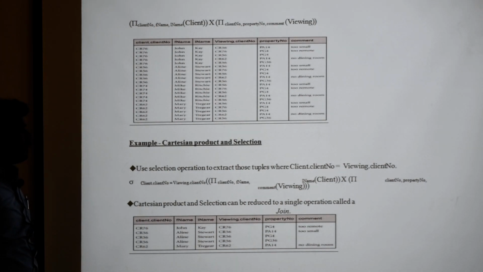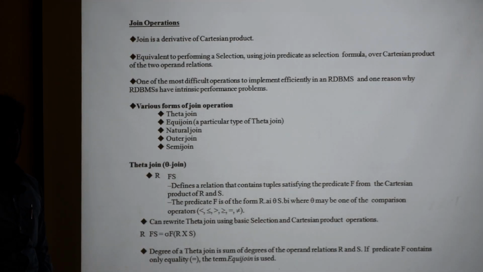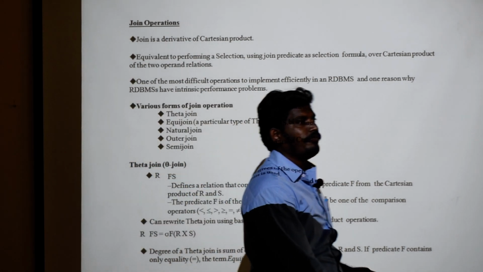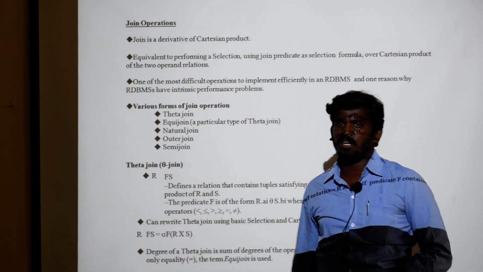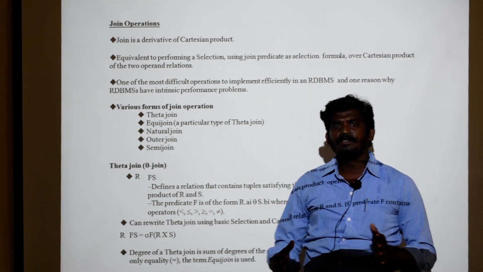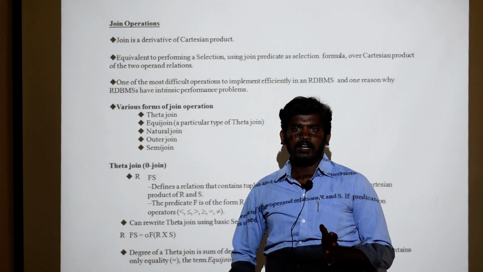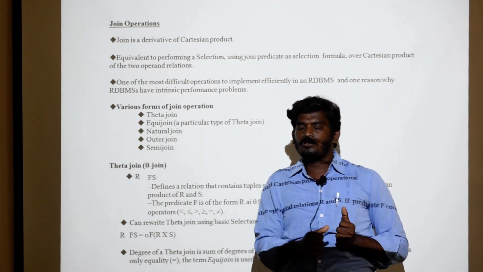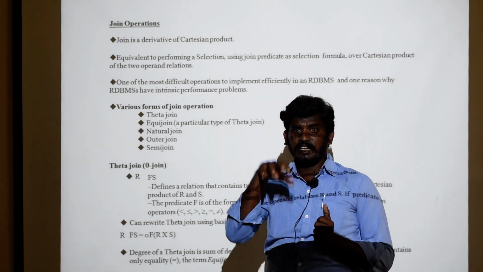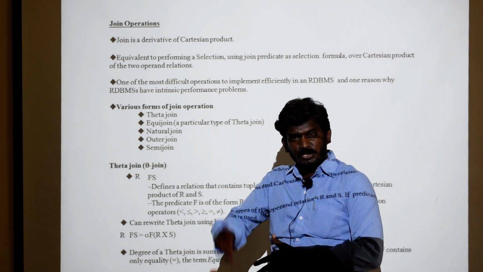Then move on to the next one, join operations. So the join operation is a valid property of the RDBMS, which means we have to compare two different tables and analyze some pathological situations occurring in your tables or database or data administration itself.